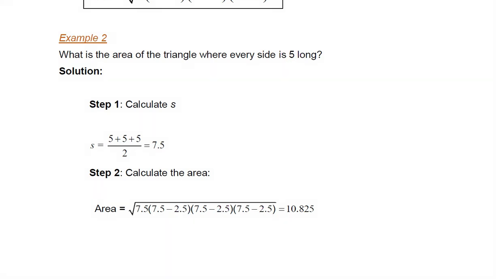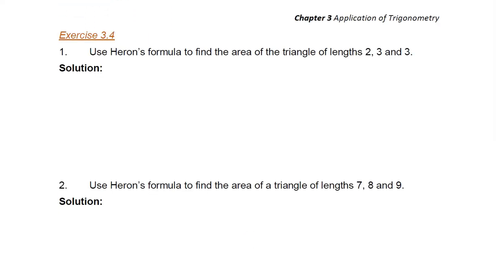Alright, okay, next we proceed. Okay, exercise 3.4. We do it together because I hope I can go on to the last topic. Okay, so we will find S. We have all the lengths, which are 2, 3, and 3. By using Heron's formula, since we have all the sides, find 2 plus 3 plus 3 divided by 2.